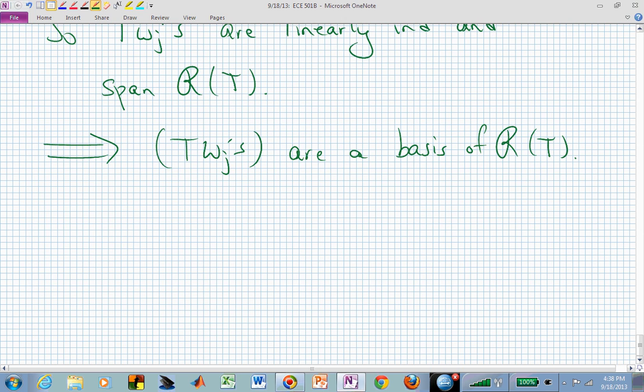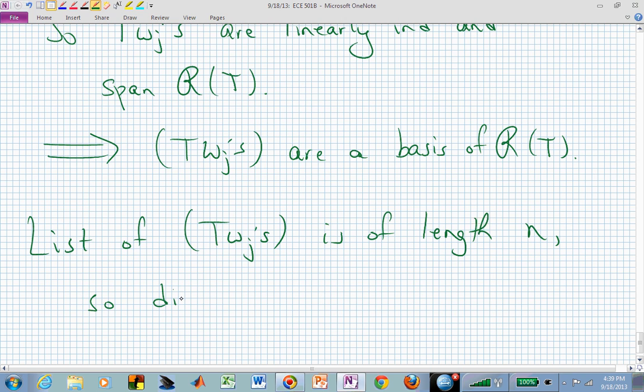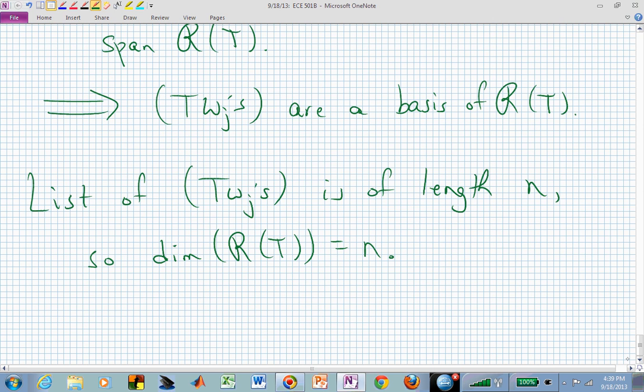We started with, it's buried somewhere in here, but we started with n of those vectors. We now know then that the list, which by definition is finite, a list of these T W sub j's is of length n, and consequently we now know the dimension of the range of T is that value, n.